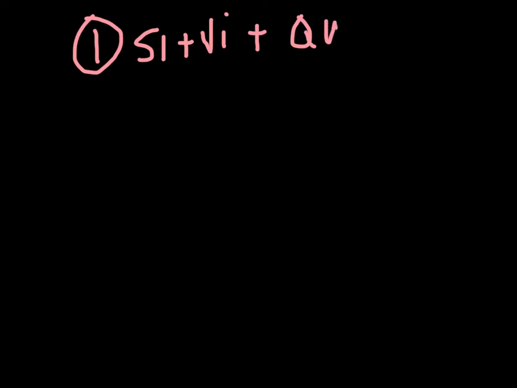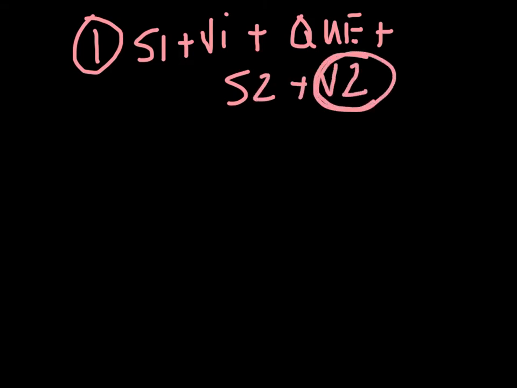Okay, so that pretty much sums up the subjunctive. First, we have to know our formula. Subject 1 plus verb 1 plus que plus subject 2 plus verb 2, which is the subjunctive verb.